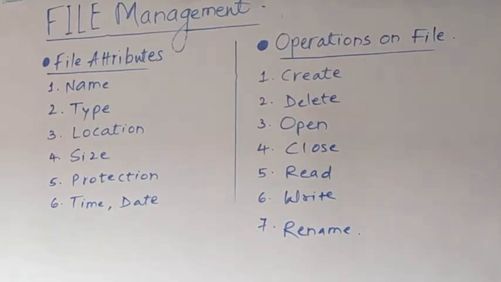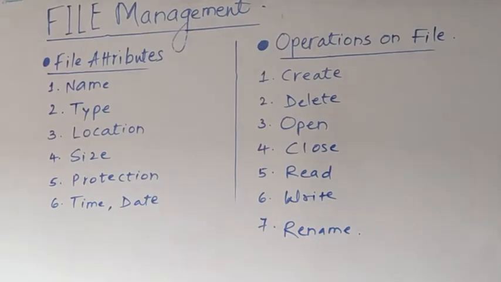Now for that file, the type is an important attribute, because with the help of type only we can understand whether it is a text file, a document file, a PDF file, an MP3, MP4 file, or a VLC file. So these are different types, so that we can understand what type of file it is.